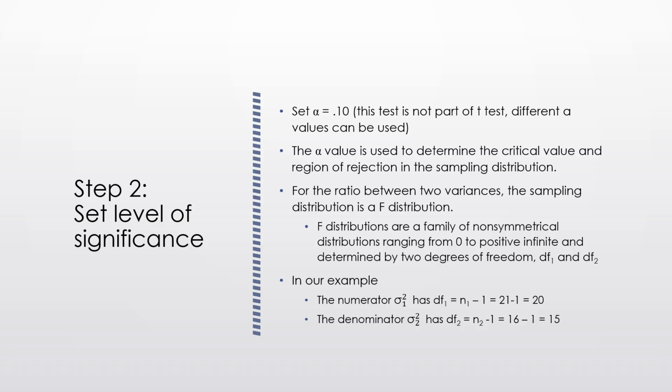The degrees of freedom for the denominator is n2 minus 1 equals 16 minus 1, which is 15. The two degrees of freedom, along with alpha, are used to determine the critical value and the region of rejection. In our case, the F critical value is 1.924, given that df1 is 20, df2 is 15, and alpha is 0.10.